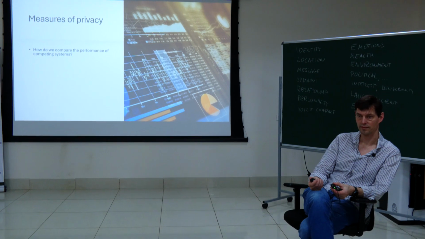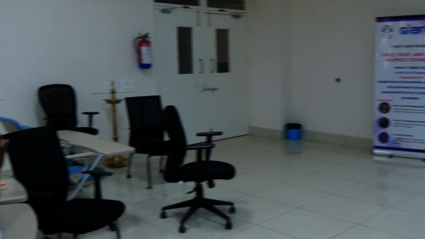Say for example you're dealing at the signal level. I can measure privacy by mutual information between those two signals. Mutual information, yes, but then you need a representation where you can quantify information. Exactly.